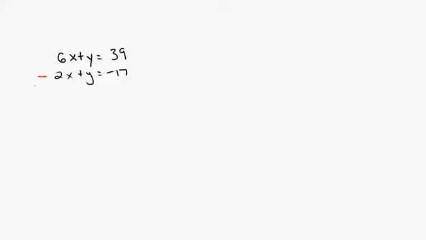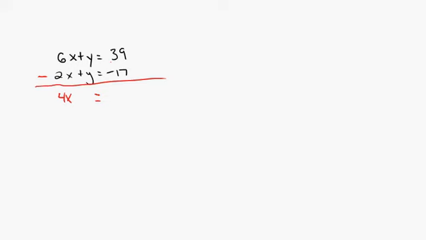So if we do that here, we subtract, we get 6x minus 2x. Well, that's just 4x. And y minus y, well, that cancels. That's just 0. So I have 4x, and that's going to equal 39 minus a negative 17. Well, again, remember, 39 minus a negative is the same as adding.